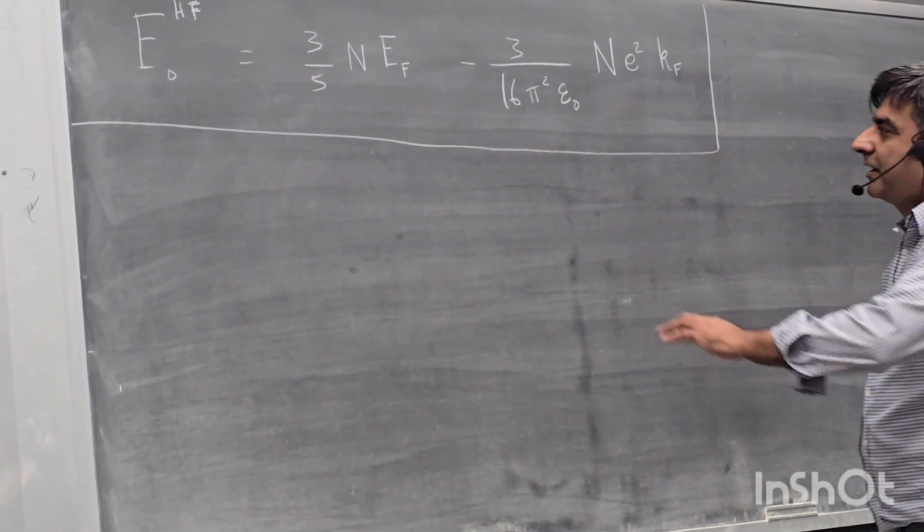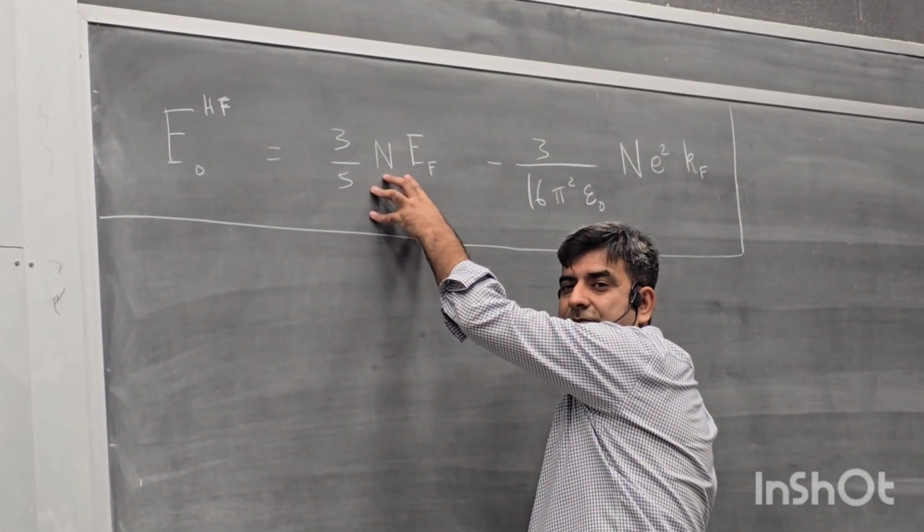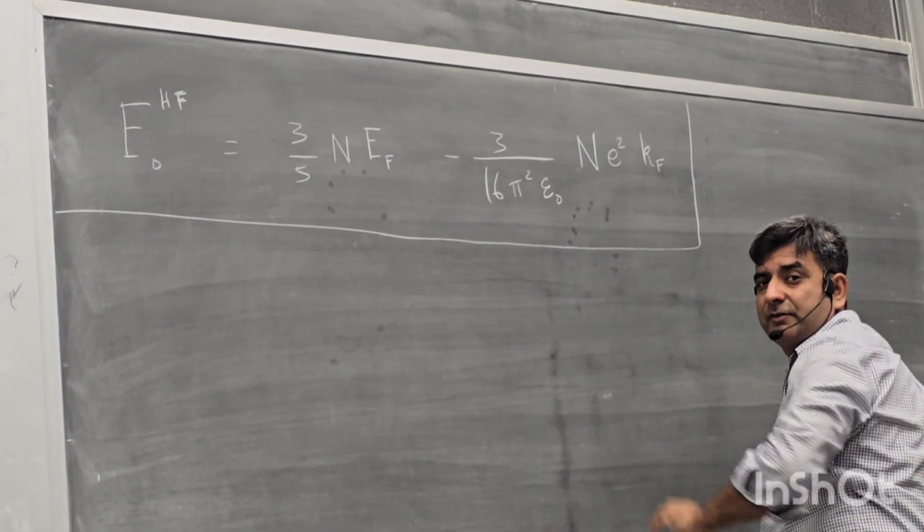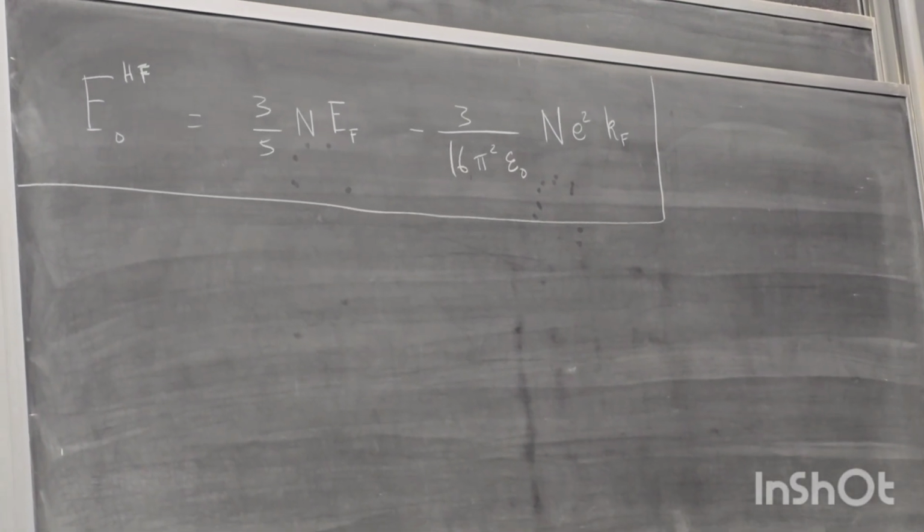This term is simply the kinetic energy of the electrons, and this term is the potential energy of electrons. Okay, any question at this point?